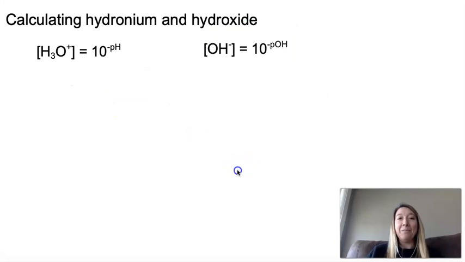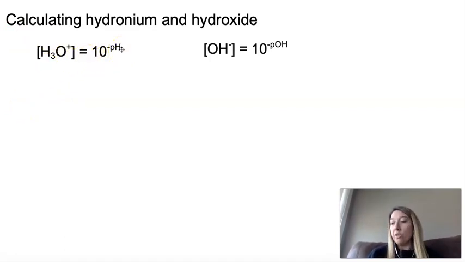Okay, so being able to go the other way. We've talked about how to calculate pH from hydronium concentration and pOH from hydroxide concentration, but you also have to be able to calculate the other way. So to calculate the concentration of hydronium, we are going to do 10 to the negative pH.